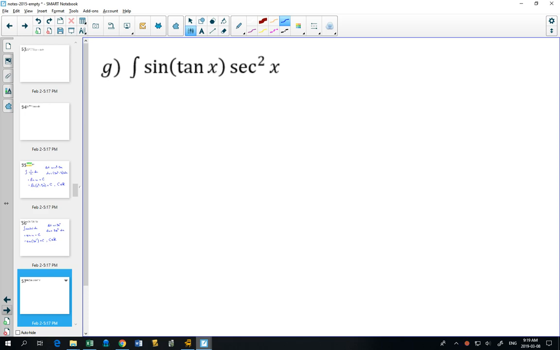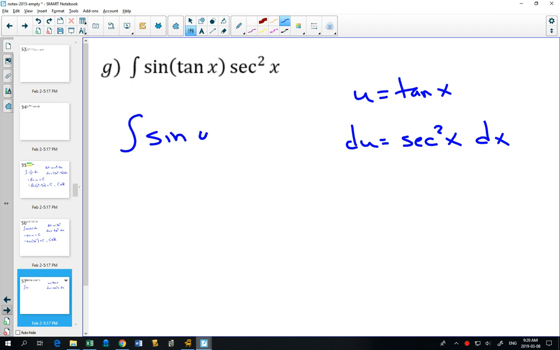So G, the inside function, really easy to see here that it's tan of x. Derivative of tan is secant squared of x. Oh, and this is the one where the dx is missing, so add that in, please.